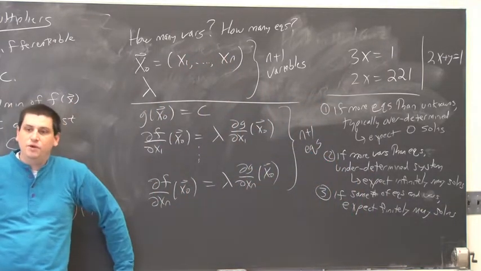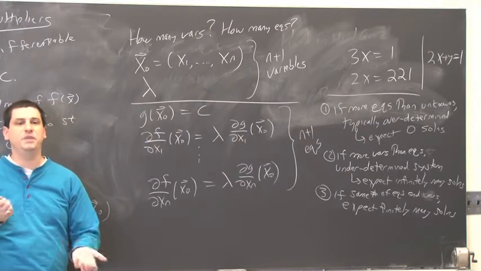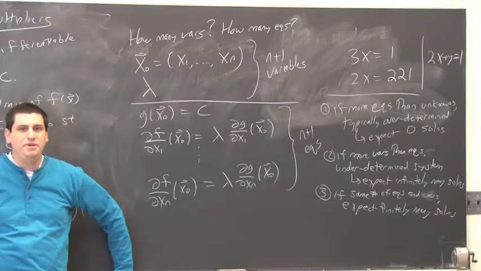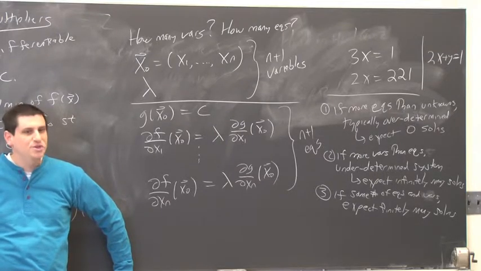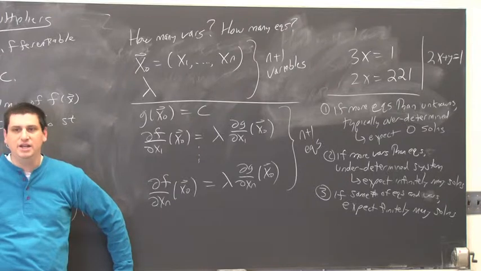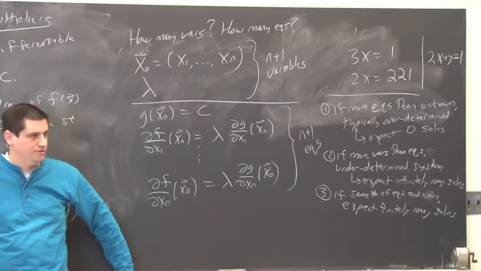We have n plus 1 variables and n plus 1 equations. Everything is perfectly balanced. We will do very little calculus; the amount of calculus in Lagrange multipliers is minimal. What are we mostly going to be doing? Algebra. Most of the problem is finding a clever way to deal with the algebra. But there is hope that this is going to work.